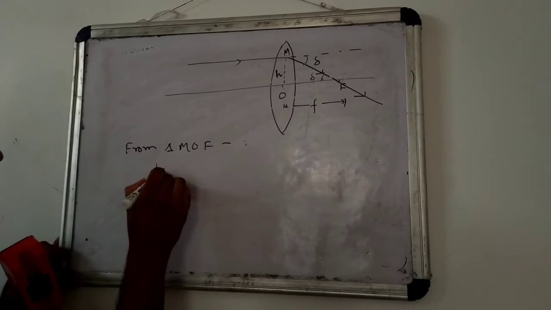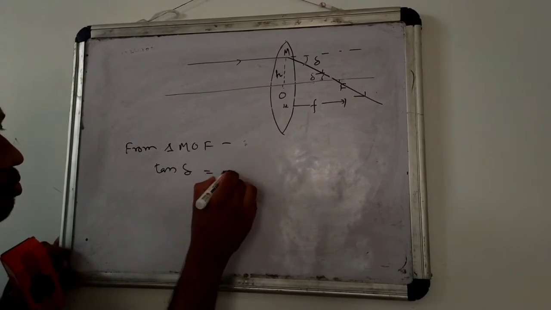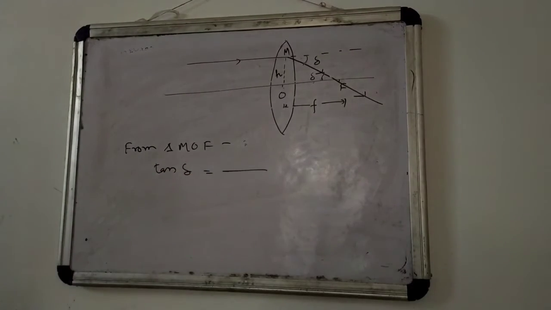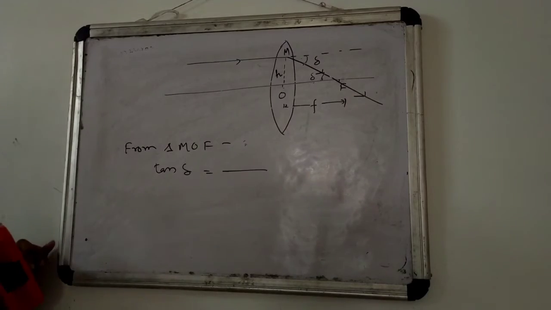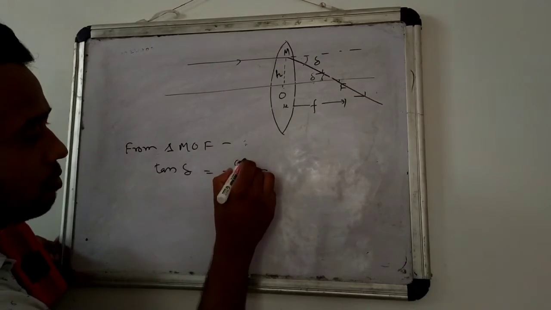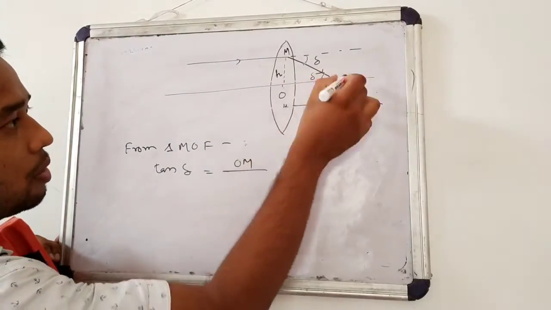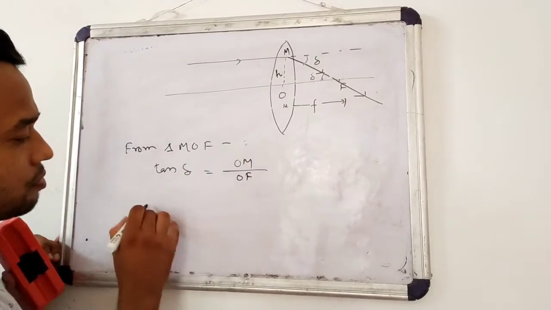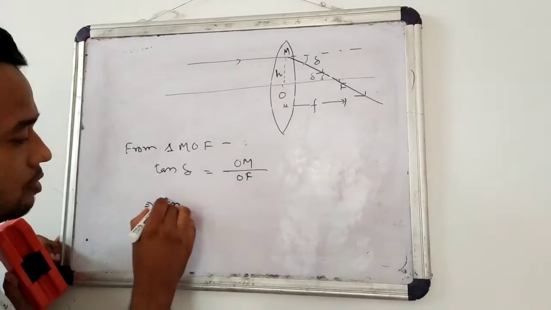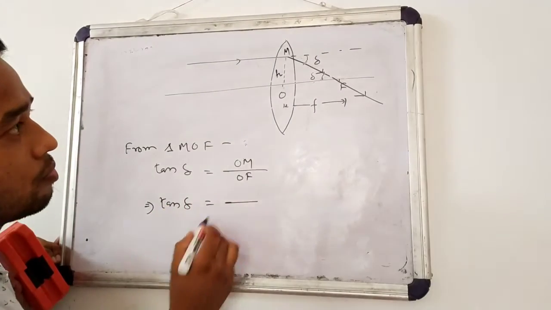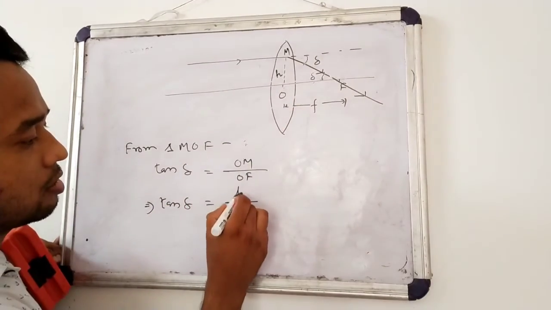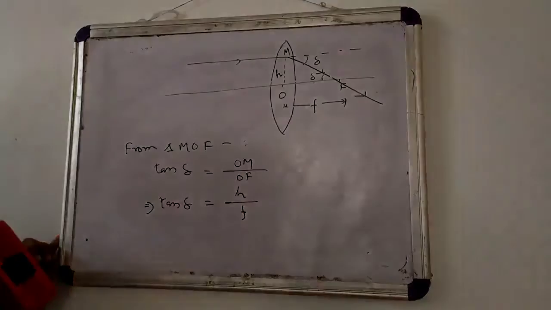Then tan delta is equal to the trigonometric ratio, tan is perpendicular by base. That means OM is the perpendicular and the base is OF. Then tan delta equals H by OF, where OF is the focal length.